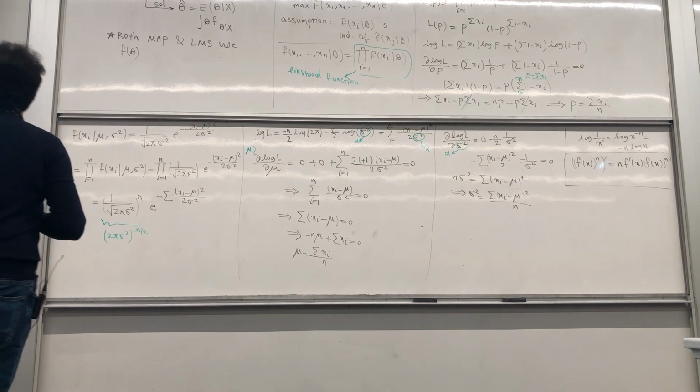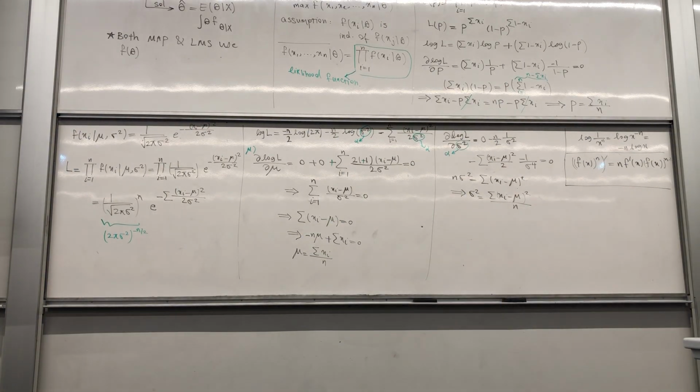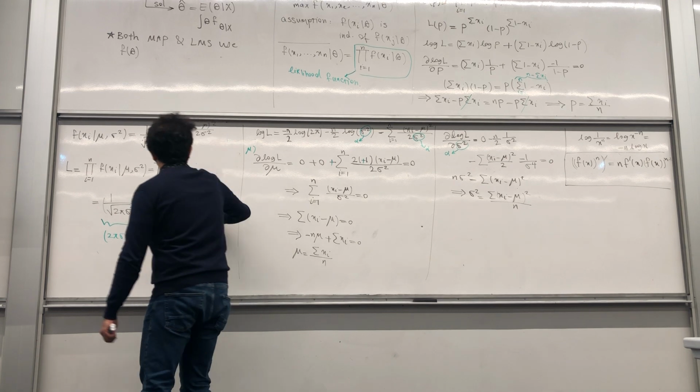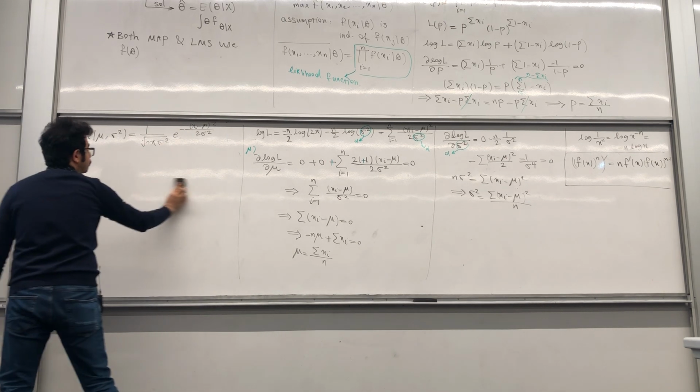Okay. Question number 3. Suppose that we have random samples coming, this time from Poisson distribution. So again, solving the same question, assuming that f of x conditioned on lambda, this time coming from Poisson distribution.